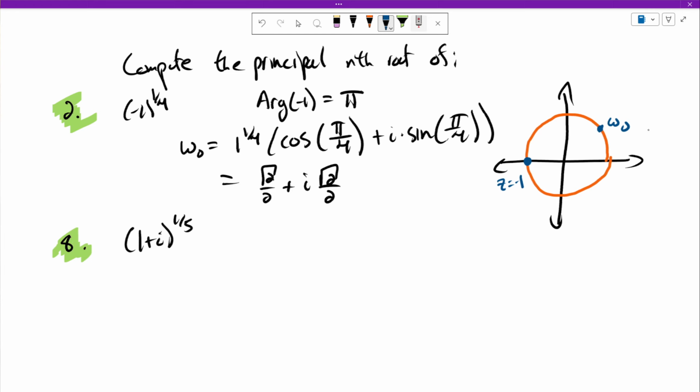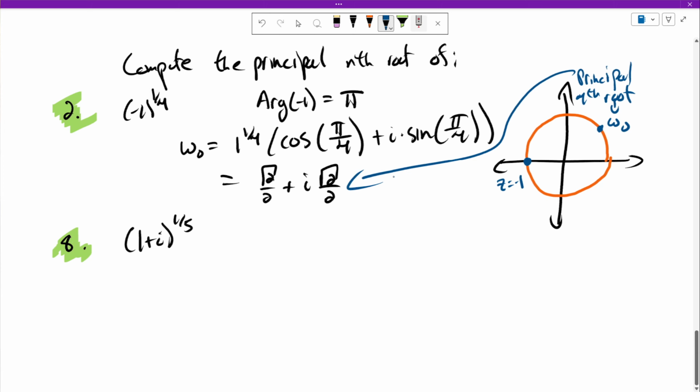So that's another way of thinking about the principal fourth root in this case. But we can get the others, and the others are found by going around the circle, starting at W0, and stopping at every 2 pi over 4, or pi halves, or every 90 degrees.